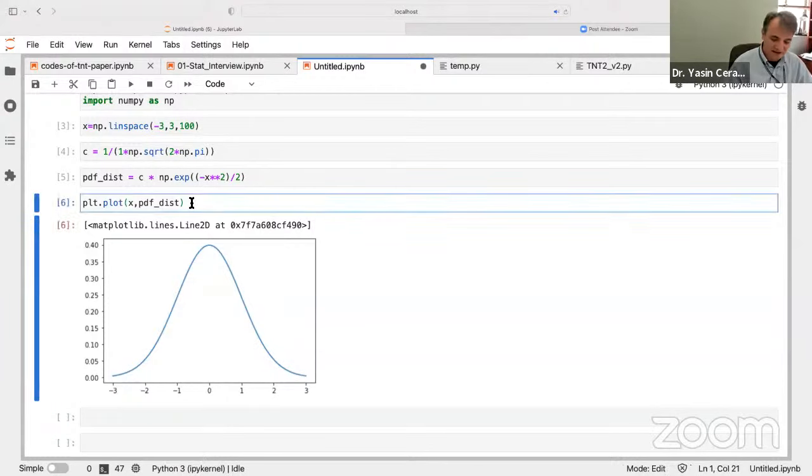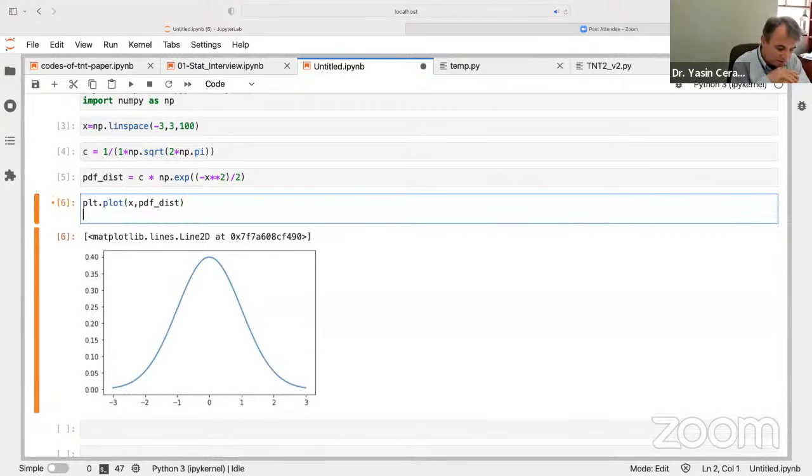Once I plot this, I'm going to define a list of Boolean values, which correspond to the data points between 2 and onwards. If it is greater than 2, it's going to be true, and if it is less than 2, it's going to be false.